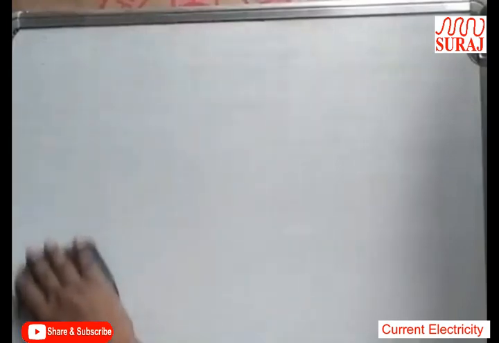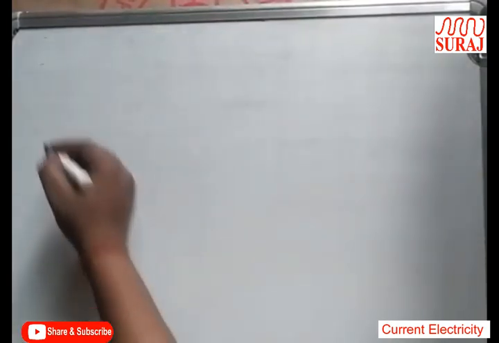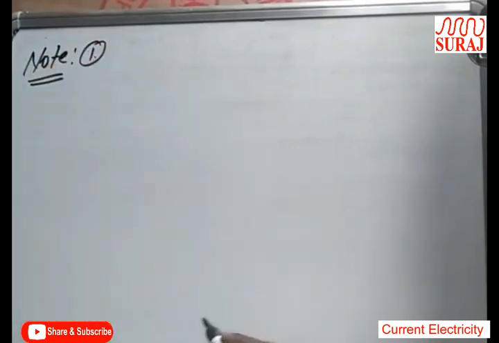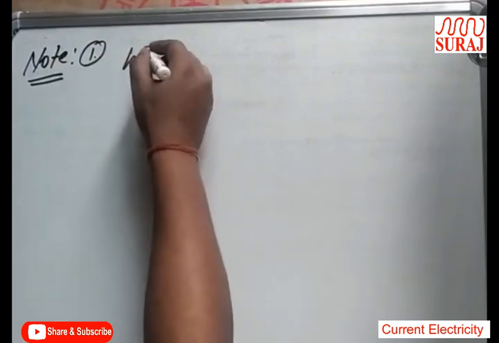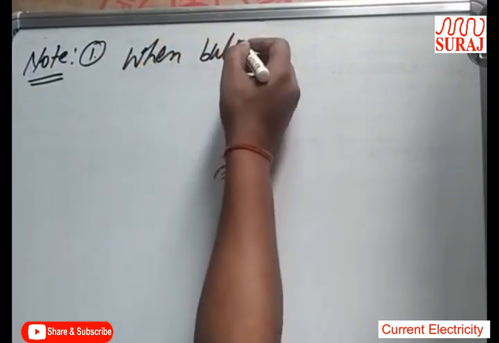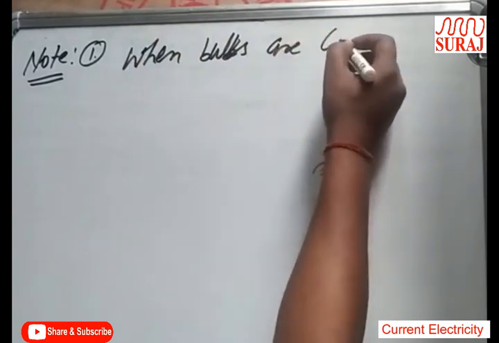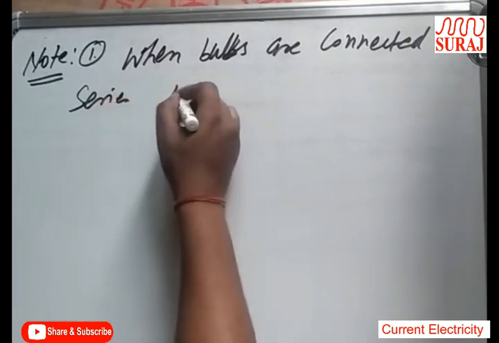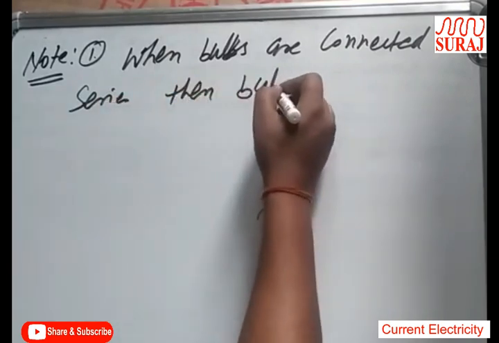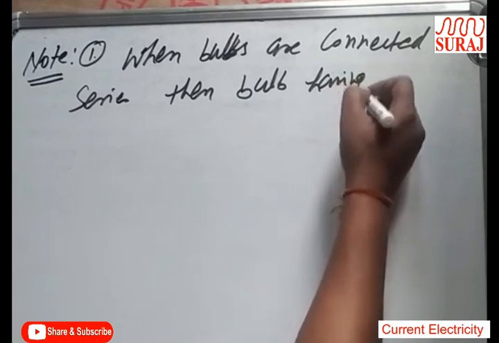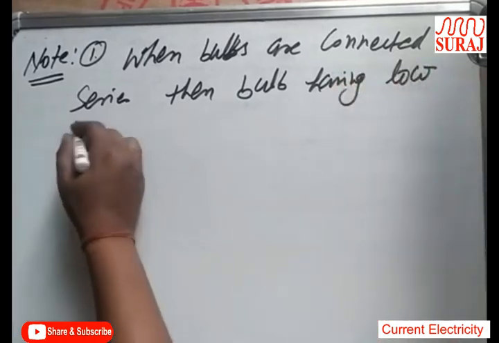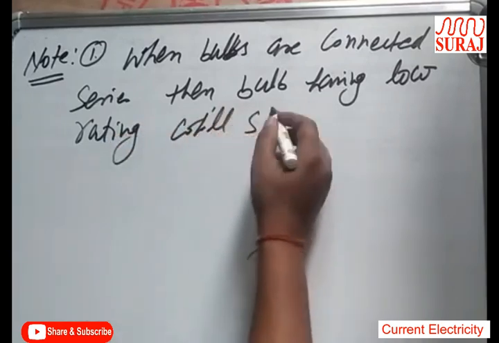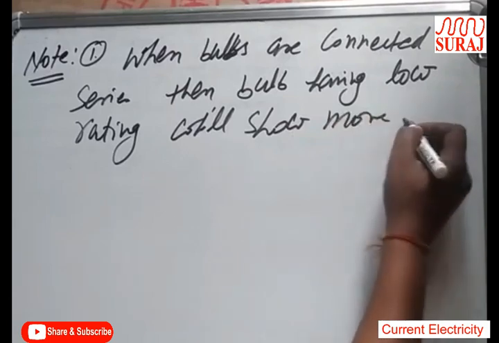Now from all of these discussions, I will give two notes. A very important note, we need to remember this for objective questions. When bulbs are connected in series, the bulb having low rating will show more brightness.